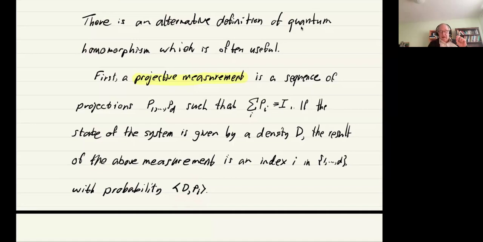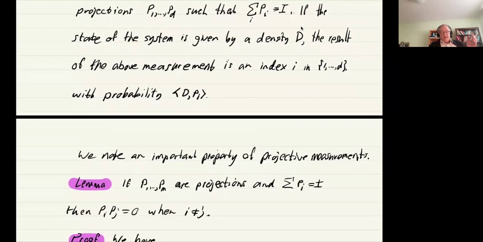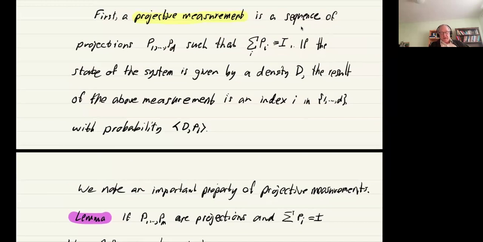So you get a collection of non-negative real numbers summing to 1. So you get a probability density. Each measurement determines a probability density. This is standard physics, but for us it's just a definition. We're saying this is what a projective measurement is.